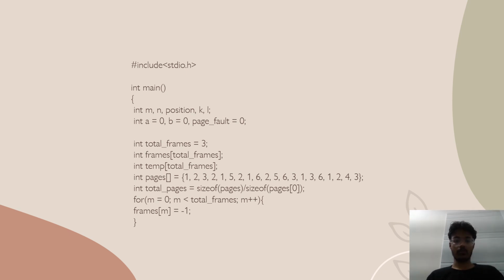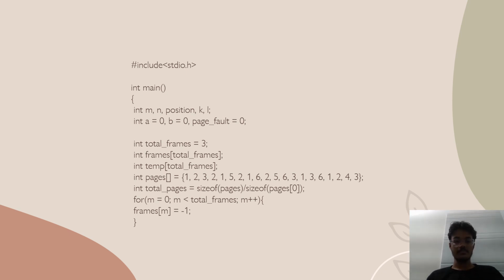For that we can use position as well as k and l. Next, a is 0, b is 0, as at the initial level in the frame all a is 0, a, b, as well as page fault also 0. At the initial level all will be 0 or null, whatever you can take. Next, in total we have 3 frames here.